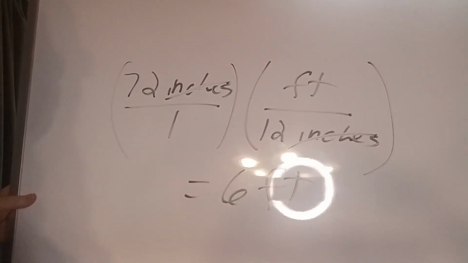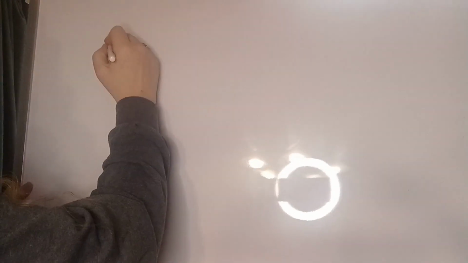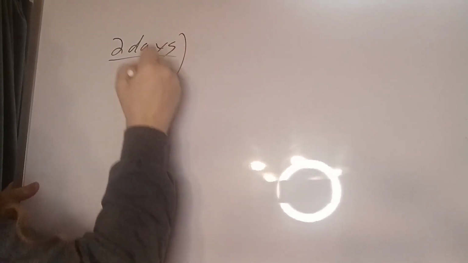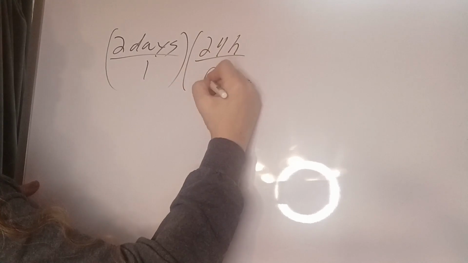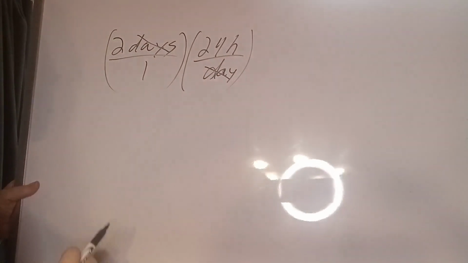All right? Let's do one more. Let's convert 2 days into minutes. I don't remember how many minutes are in a day, but I do remember how many hours are in a day. Okay? We have 24 hours per day. Okay, I wrote it like this so that we can cancel the days.